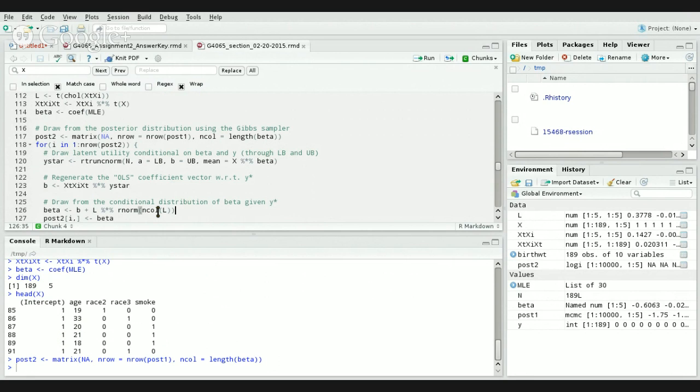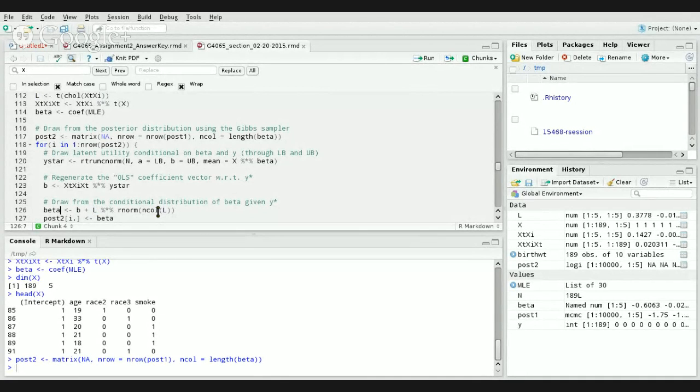just calculated, and whose covariance is equal to x transpose x inverse, which I've already taken the Cholesky factor of. And so we can draw from a multivariate normal distribution by taking an appropriate number of independent standard normal draws and pre-multiplying them by the appropriate Cholesky factor.